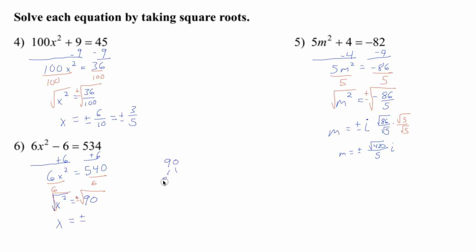You might be able to just do this in your head, but this is 2 times 3 squared times 5. And we can take the square root of this 3 squared, which is 3. And we get 3 plus or minus 3, and then 2 times 5 is 10, root 10. All right, so that's solving by taking square roots.